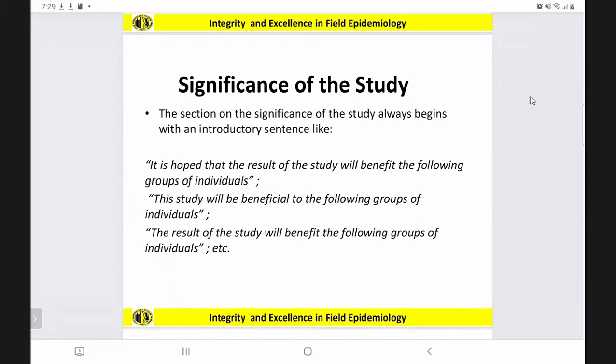Okay, and I think I lectured to you already about the background of the study. Did I? Yes. So anyway, I would like you also to add the background of the study later.